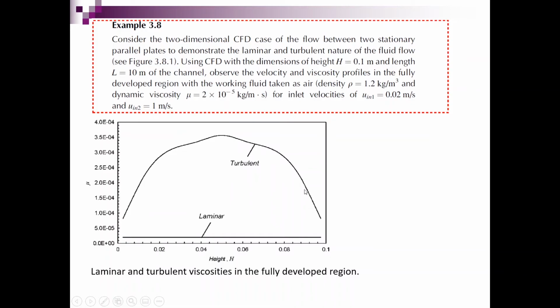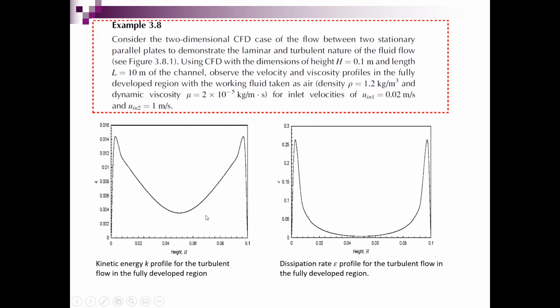The viscosity increased, especially at the center line. So zero is the wall, and 0.1 is the center line, the center of the domain. So it is the most viscous at the center.